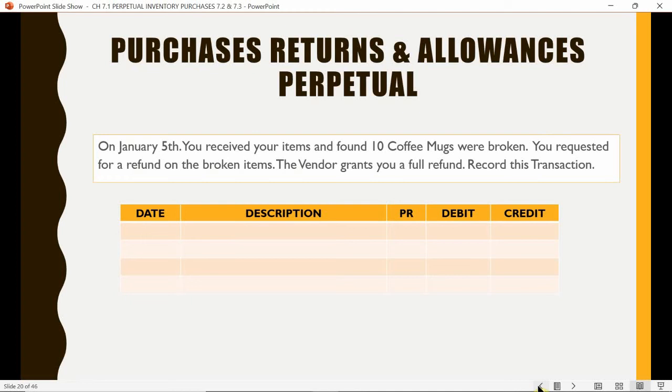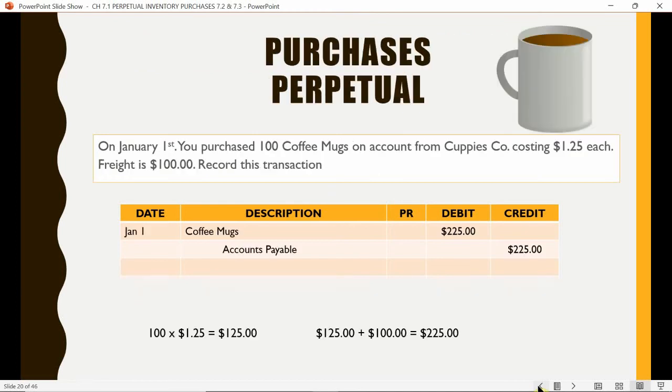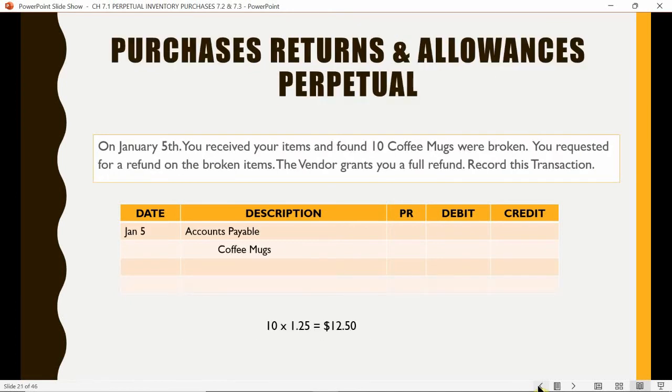How do I record this transaction now? So it would be coffee mugs and accounts receivable. Accounts payable, right? Because that's what we owe. We used accounts payable in the first place, and that's correct.